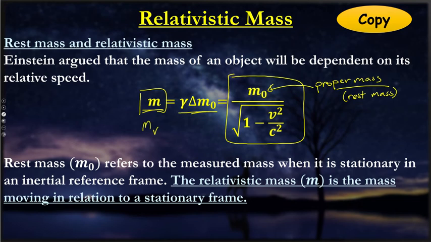Sometimes you'll see it written in textbooks as mv, to represent the moving mass, so you could do that as part of your notes. But remember, this is all assuming we're moving at a constant speed, or in an inertial frame of reference. So we know that the relativistic mass will change in accordance with a stationary frame.